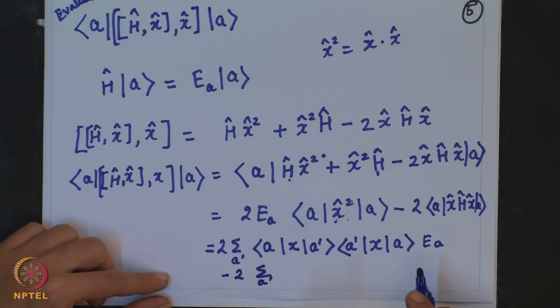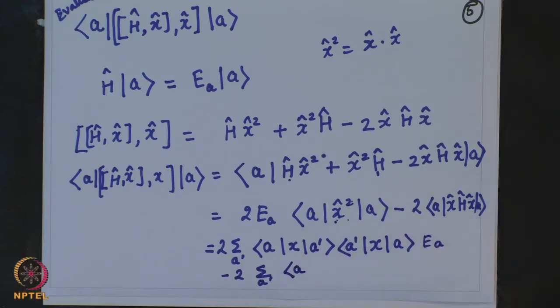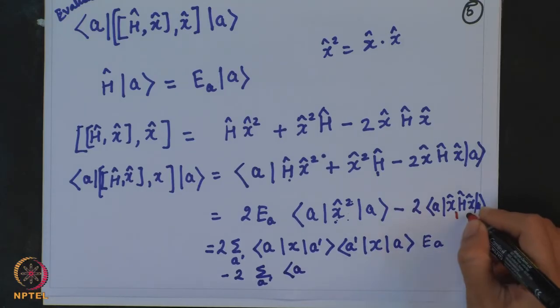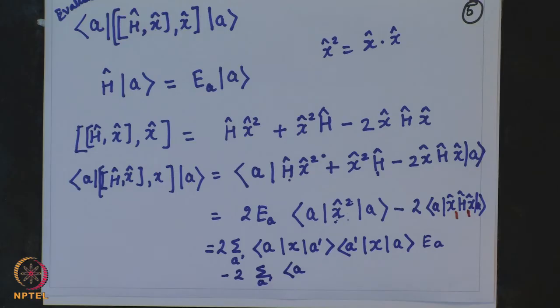Again I insert a complete set of orthogonal kets such that I will have A. Now, I will insert two of them. So, here I will insert one and the second one I will insert at this place.